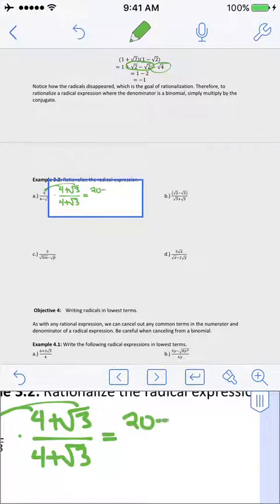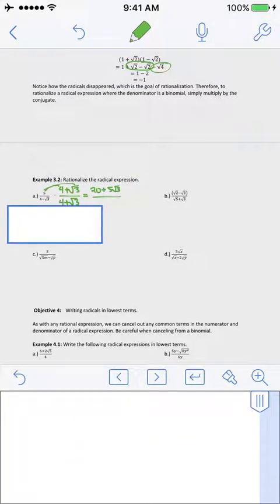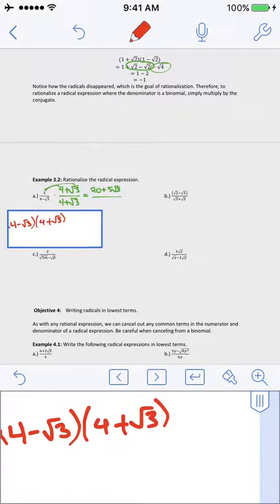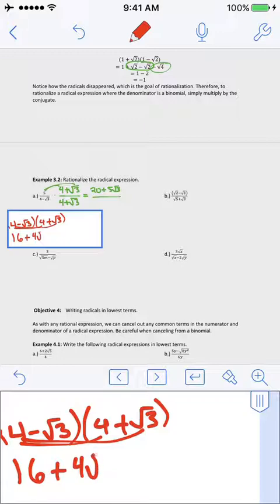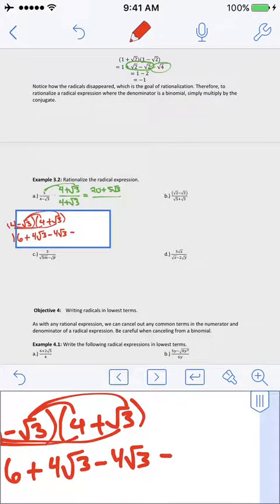Well, the numerator is just going to be 5 times each of these. So 20 plus 5 root 3 over, and let's do the conjugate multiplication down here. So I have 4 minus root 3 times 4 plus root 3. 4 times 4 is 16. 4 times root 3 is positive 4 root 3. Negative root 3 times 4 is negative 4 root 3. And then root 3 times root 3 is going to be a negative.